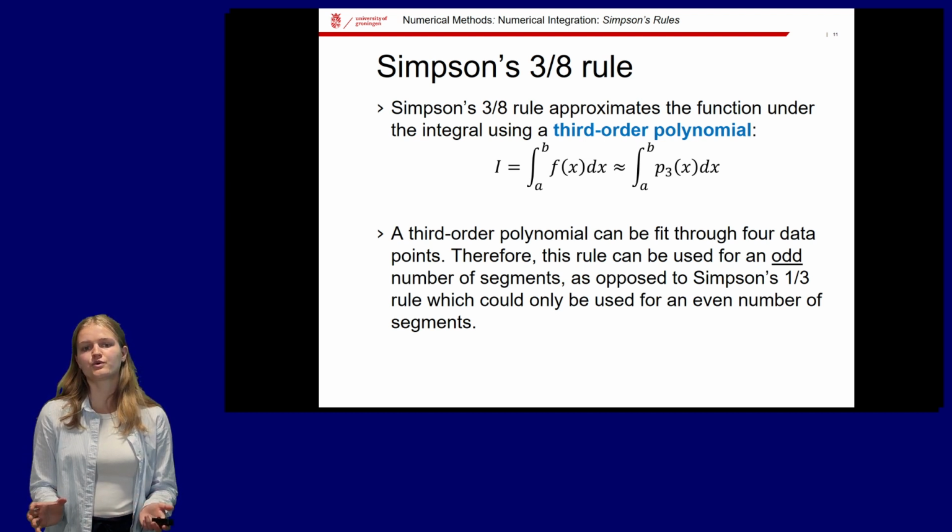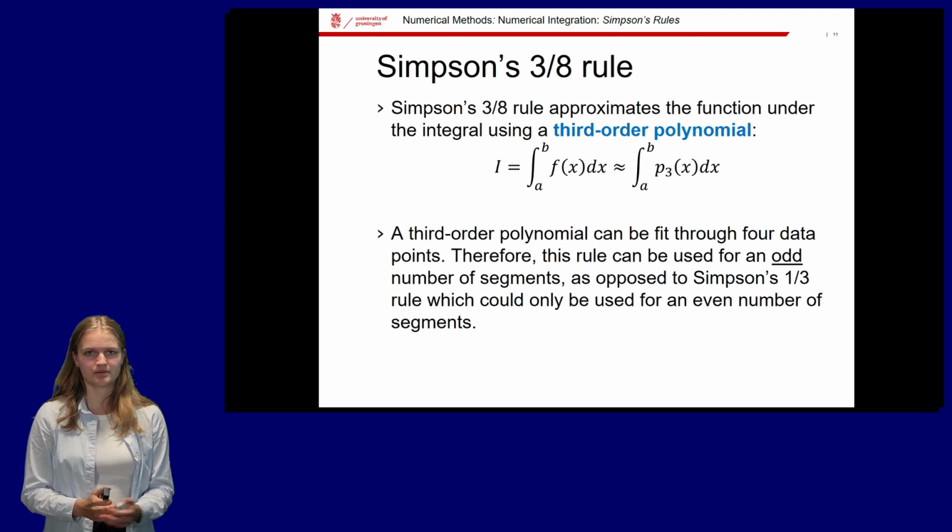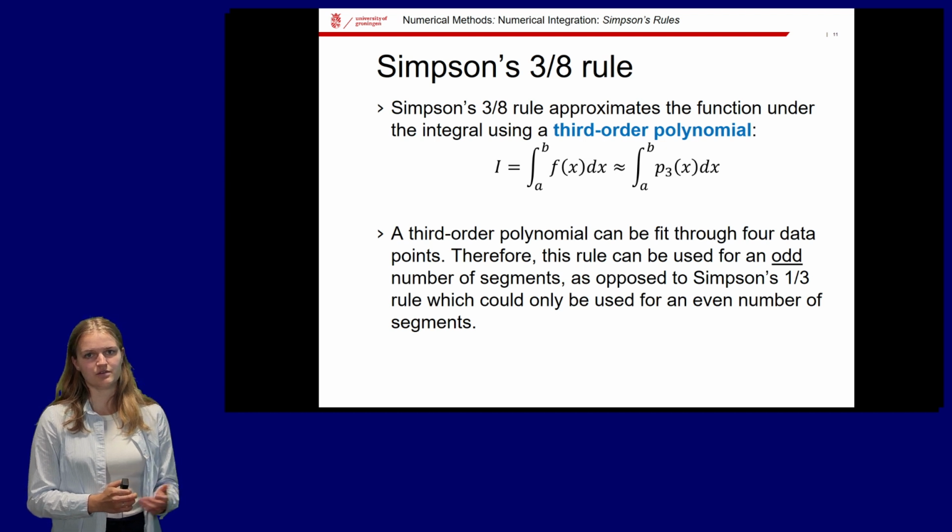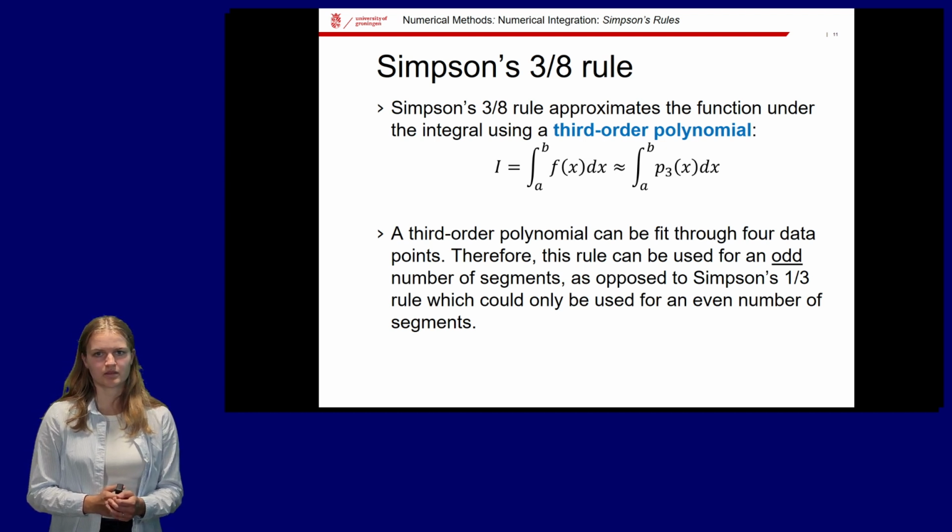If we have 4 data points, this means that the number of segments will be 3. So we can apply Simpson's 3/8 rule to an odd number of segments, whereas Simpson's 1/3 rule could only be applied to an even number of segments. So often you will combine the two, but we get to that later.